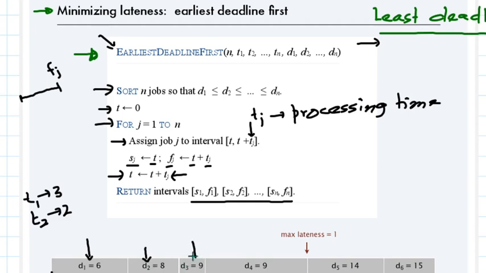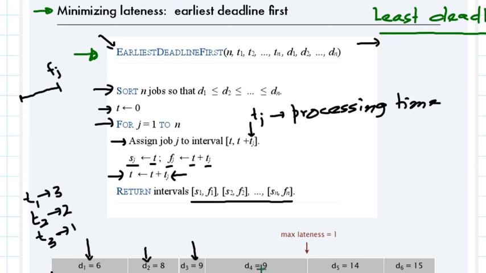Then the next job is considered, whose deadline is 9, and it takes 1 day of time. T3 was 1, I guess. So t is again updated with t plus tj. T is now 5, so 5 to 6, and the deadline is 9, so we are within time.